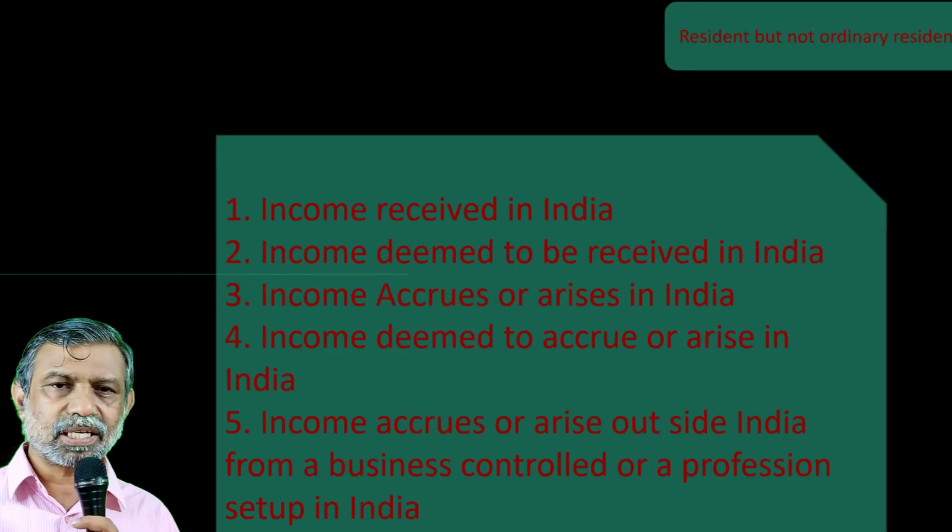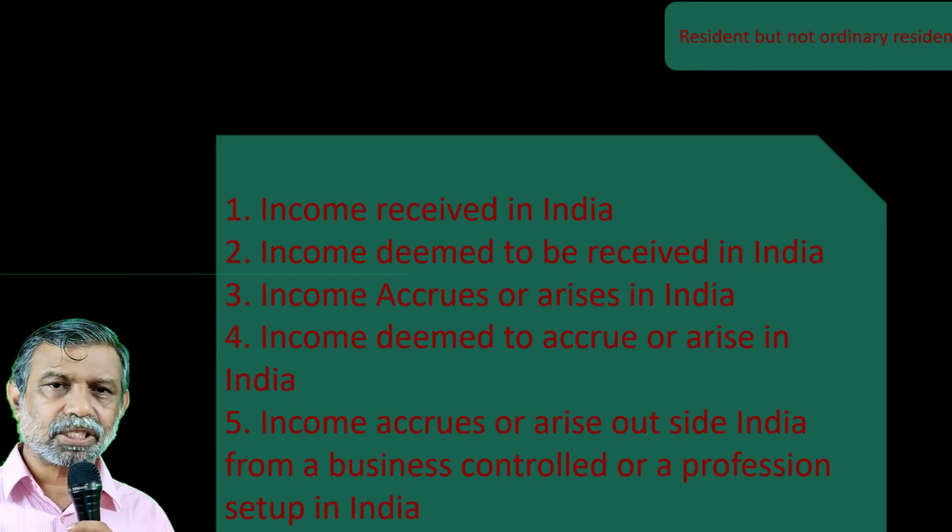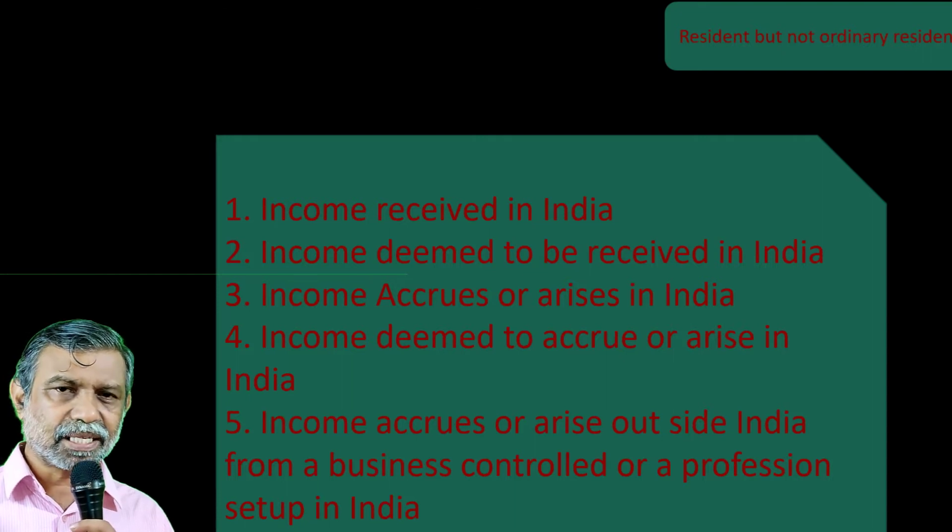In the hands of a resident but not ordinarily resident, five incomes are taxable: income received or deemed to be received in India, income accrues or arises or deemed to accrue or arise in India, and income accrues or arises from a business controlled or a profession set up in India.